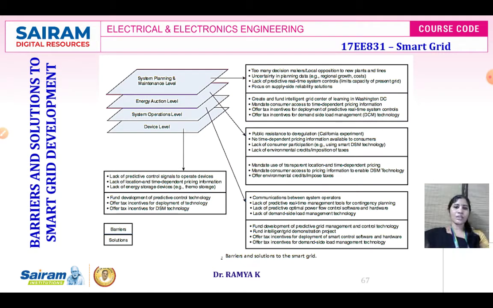So when you consider this system planning and maintenance level, it has to focus on all the data that has been mentioned over here. When you are planning a system, what type of architecture we are going to use, whether the architecture we have planned is suitable according to the Department of Energy office, because just like that we cannot implement the plan, or just like that we cannot implement the action.